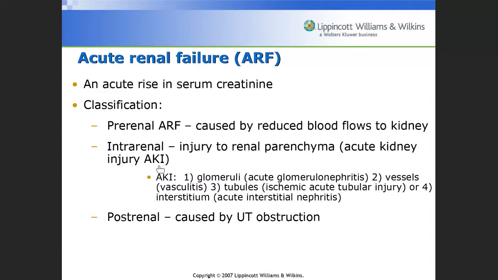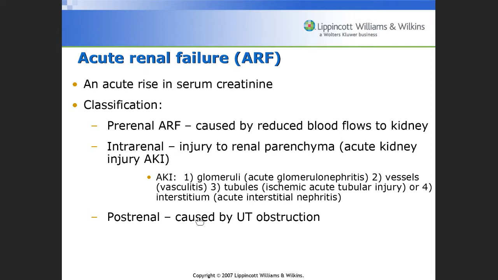And this, in the kidney itself, could be due to the glomerulonephritis that you saw, which is very common, or vasculitis, or it could be due to a nephrotoxin, where the kidney filters a toxic compound and the toxic compound is damaging the renal tubule.